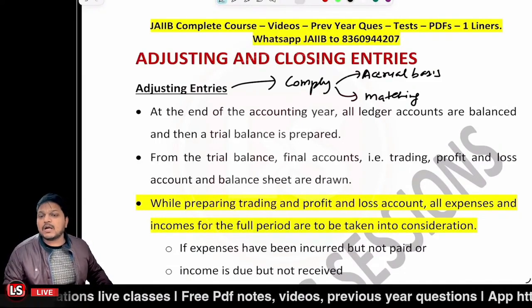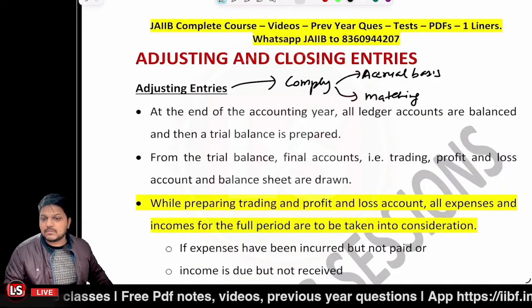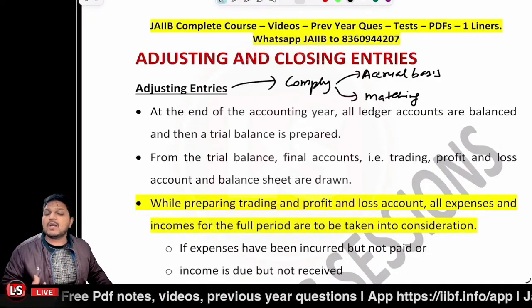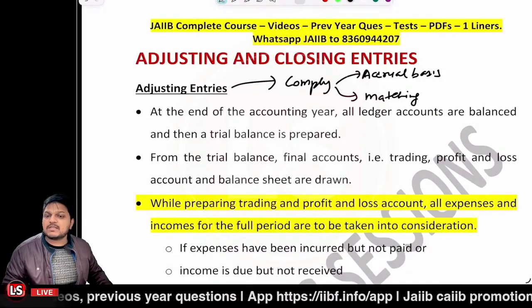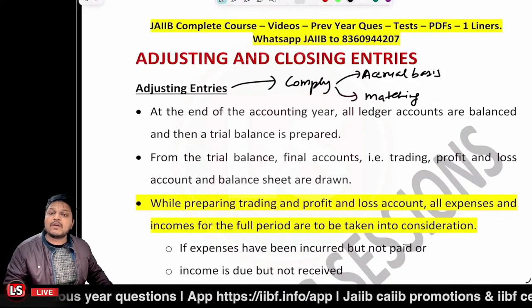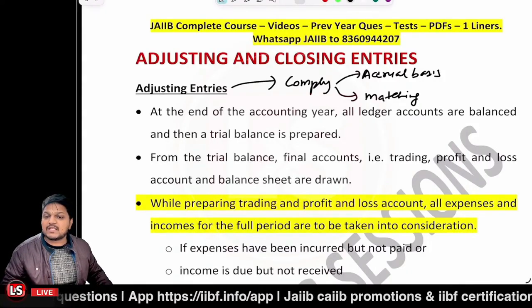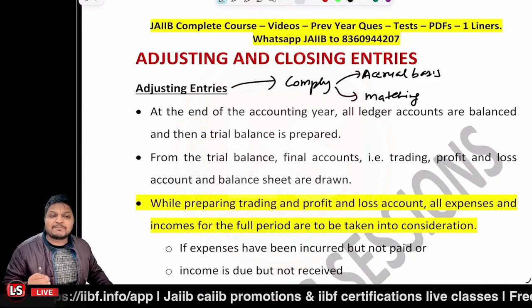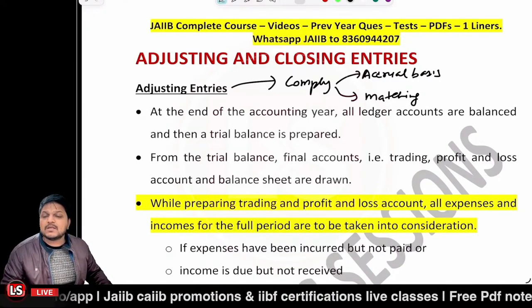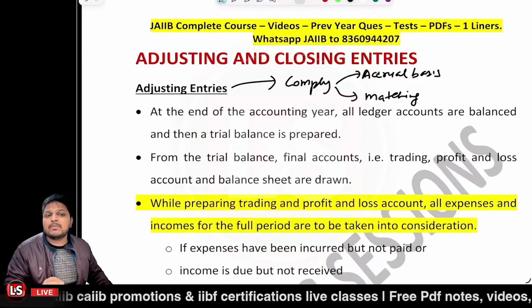It could be related to accrued income, like income which you have earned but you have not received. Interest accrued could be there, that is to be considered, right? Income that you have received in advance is to be shown as a liability. So all those are to be explained, and for that purpose the adjusting entries are to be passed.